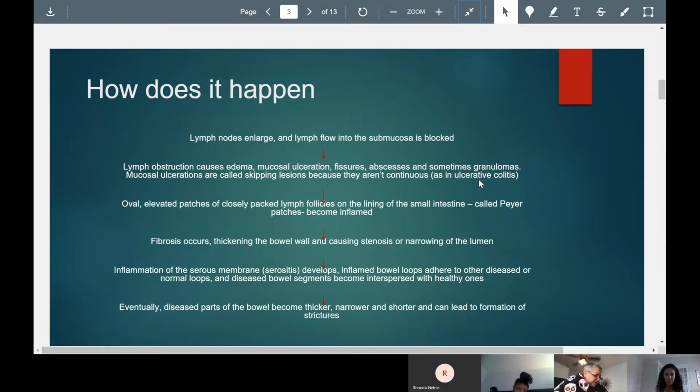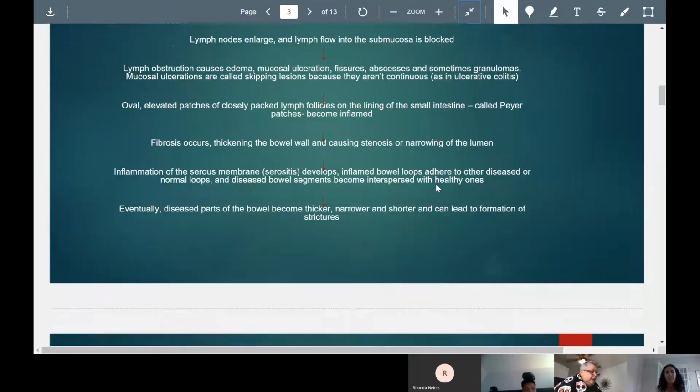Inflamed bowel loops adhere to other diseased or normal loops, and diseased bowel segments become interspersed with healthy ones. So they combine with the healthy ones.